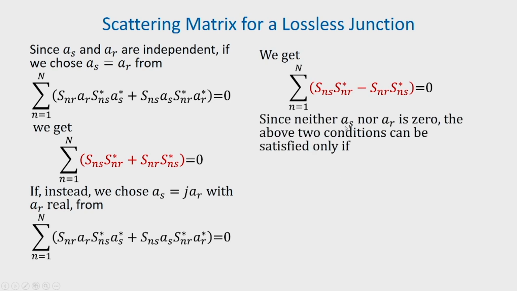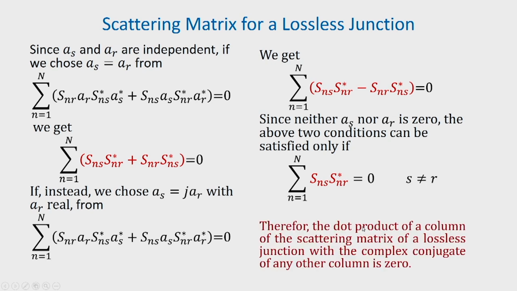So, neither A S nor A R is 0. The above two conditions can be satisfied only if we have summation of S n S S n R conjugate equal to 0 for S not equal to R. So, this can be put in this form.